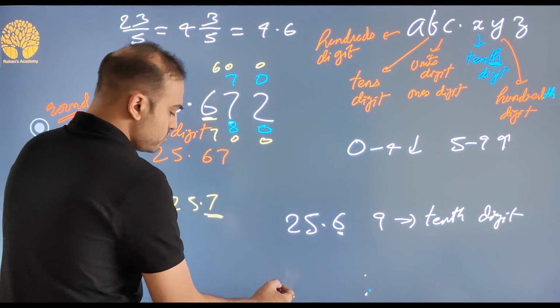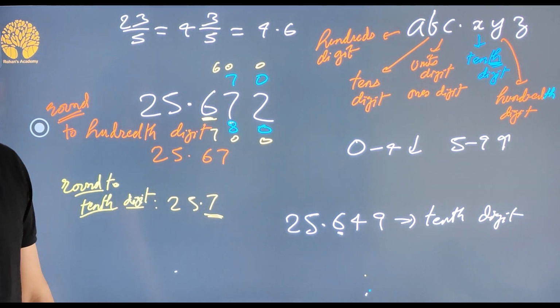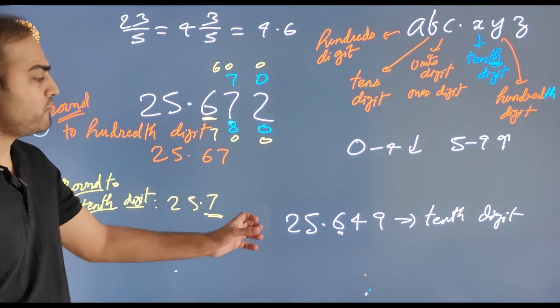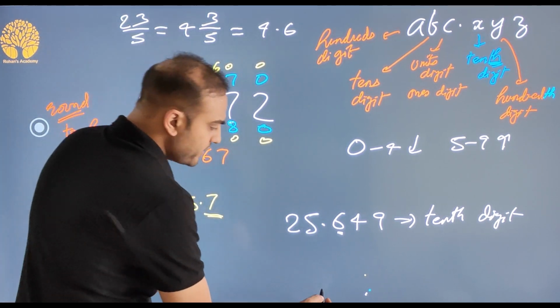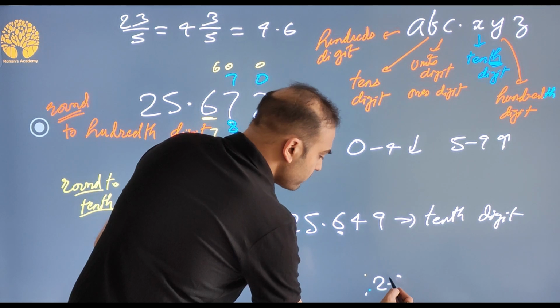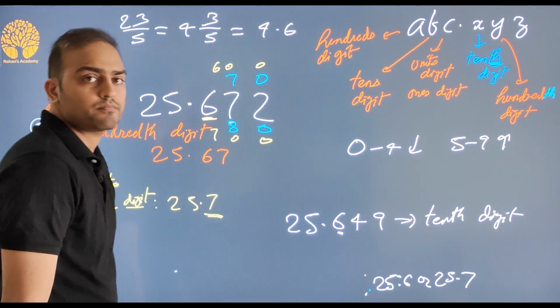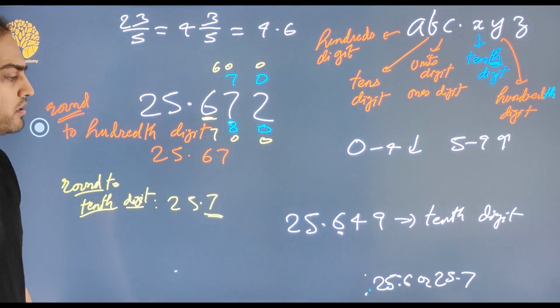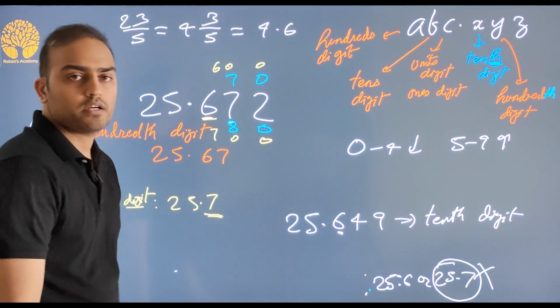Let's do 25.649. Now there are obviously two possible answers, 25.6 or 25.7. Which one did you get? If you're saying 25.7, that's wrong.